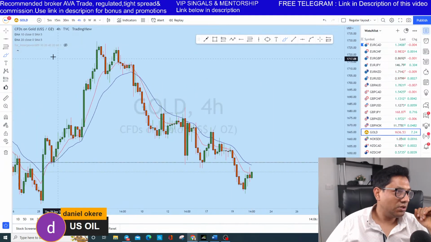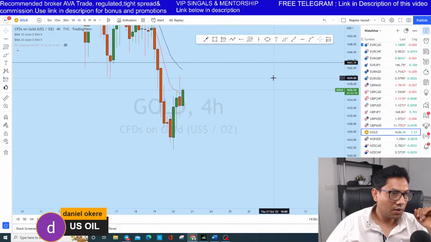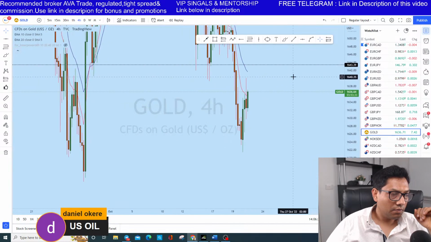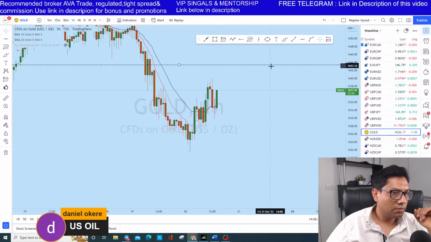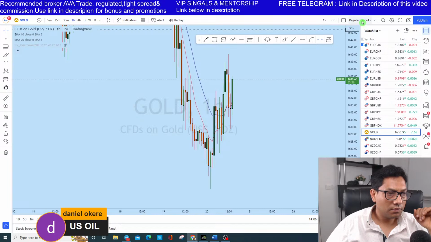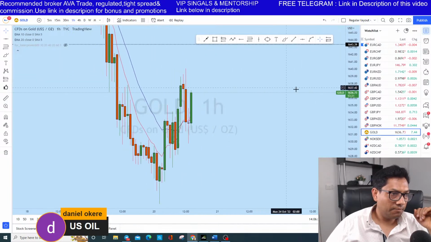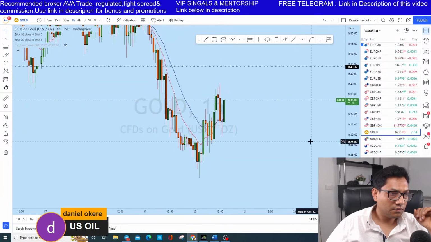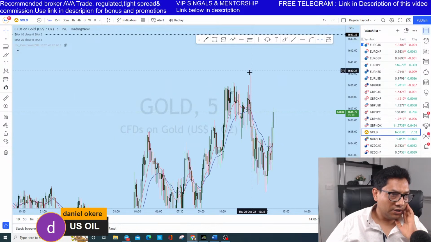Now gold, we see some spiking up again. I think there is also unusual short-term movement. If you look at the 5 minutes on gold, there's a long wick here.